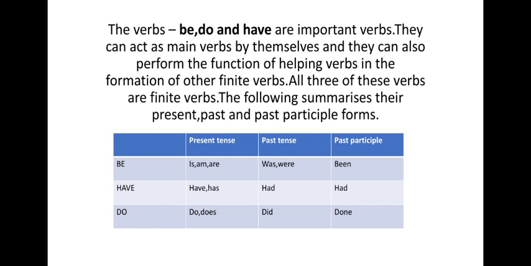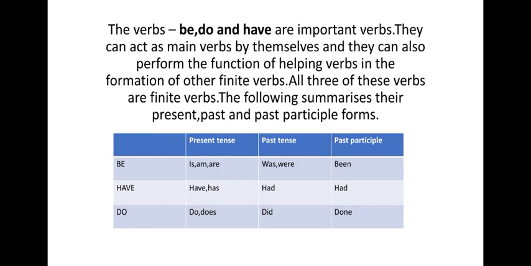Now, the table given below summarizes their forms. Let us see the table. In the first table, we have the forms of be. It gives the present tense, past tense, and past participle.